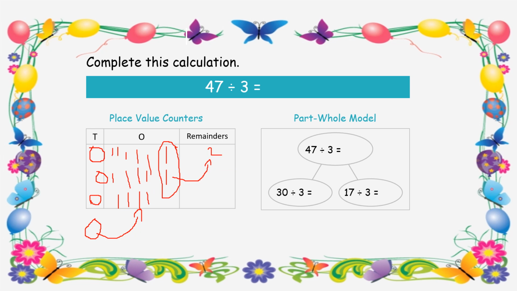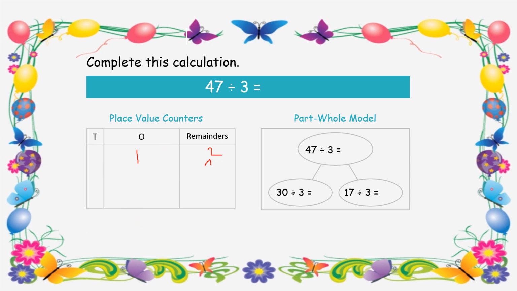Now let's see the working out clearly using what I have prepared already. I wrote this just to explain to you clearly. So we have 4 tens and 7 ones. We need to divide this equally among 3 rows because we are dividing by 3. So here we go. We have to exchange the remaining ten for 10 ones, and now we're going to have 17 here.